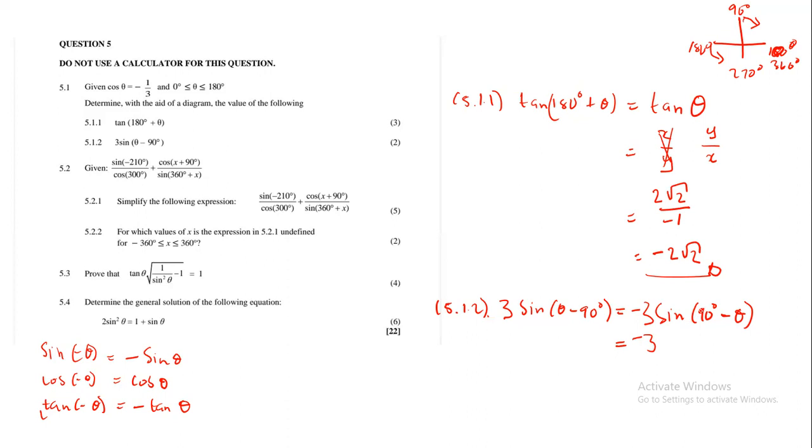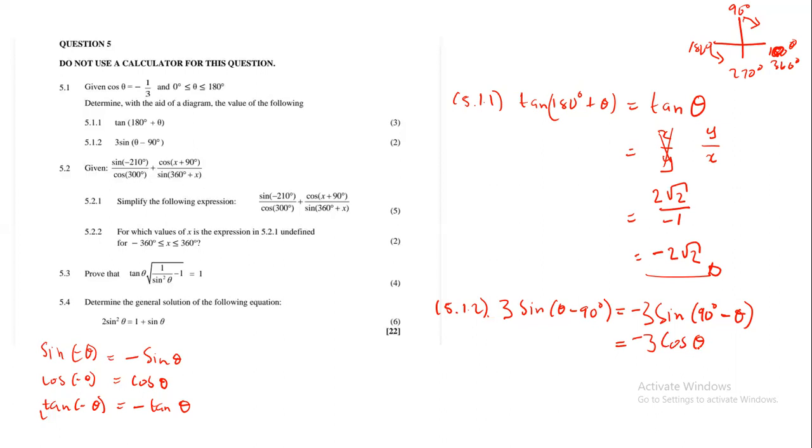Only when you see 90, not 180, not 360. And normally we don't work with 270. We can, but to avoid making mistakes, change that 270 each and every time when you see it. So that means 90 degrees, again, the sign is positive, but it still will change to its co-function, which is cos theta. Okay, so that means we have -3 cos theta.